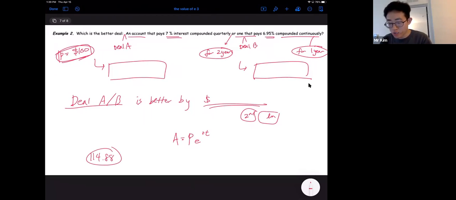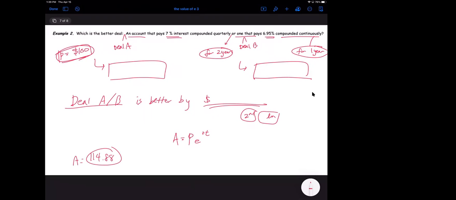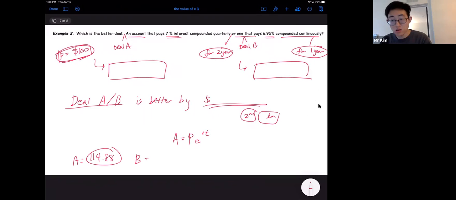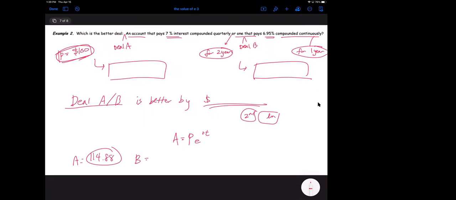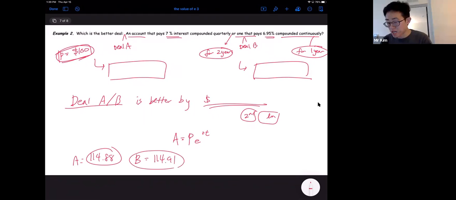I got 114.88 for bank A, and 114.91 for bank B. Then your bank B is not correct. Make sure that you have principal as 100, e raised to the power of 0.0695 times 1 year. It's just for 1 year here.